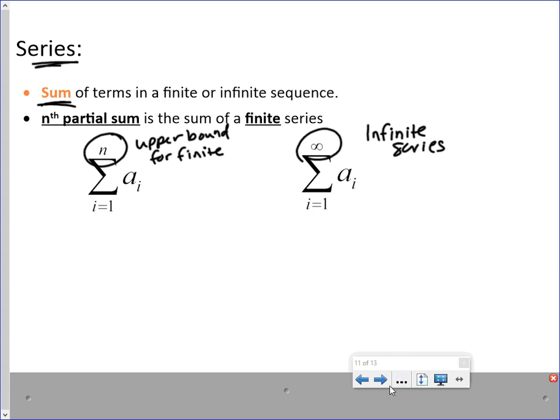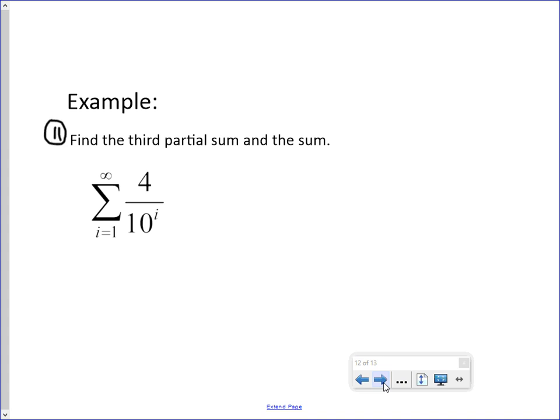In your homework, you're going to see something like that last example on the page that gives you 2 directions. First it says, find the third partial sum. So when it says the third partial sum, what's your upper bound? 3. So if I were to do that piece, I would change my notation to be lower bound 1, upper bound 3.